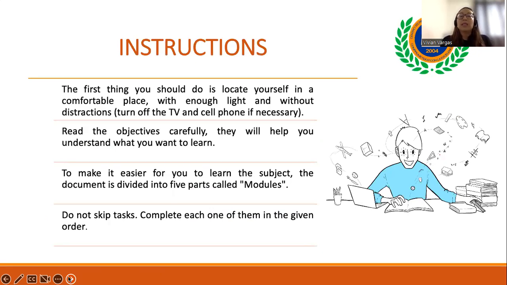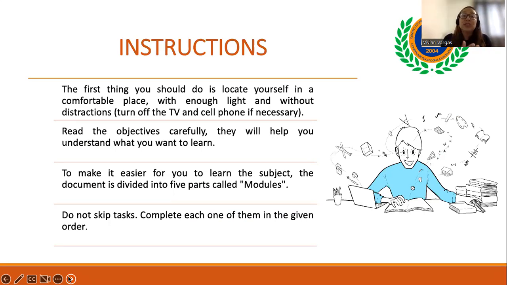Now, the instructions are the same that we have been hearing since we started studying at CETES, okay? Let's remind them. You need to be in a place where you are comfortable, but not so comfortable that you fall asleep. You need to read the objectives carefully, and I will go over that every class.